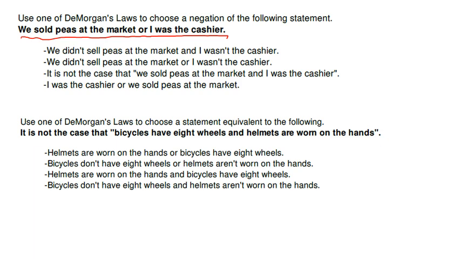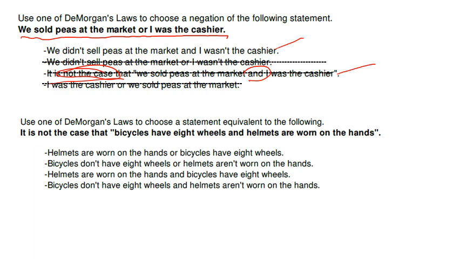The only two that really have an and associated with it are these two. We're not including this one because this actually is a negation of an and. It is not the case. And our last one is an or statement. So the only possibility would be the first one.